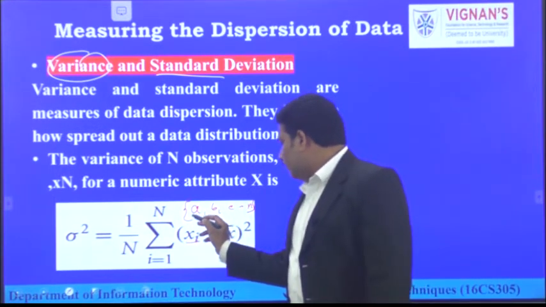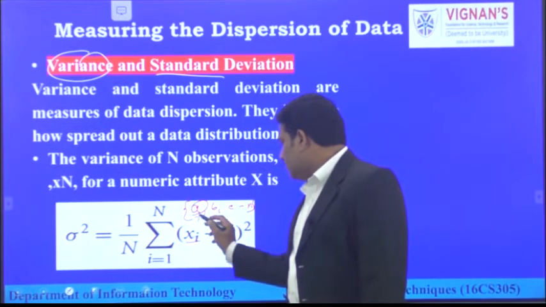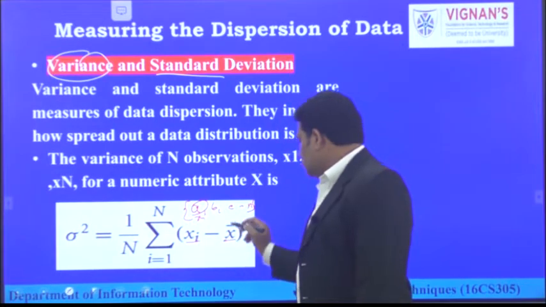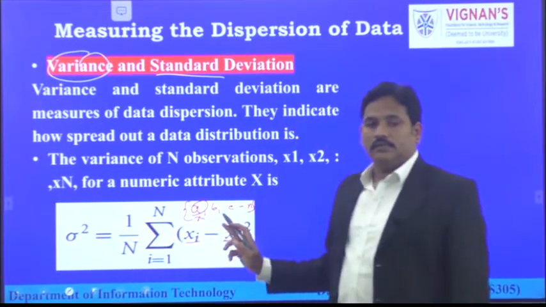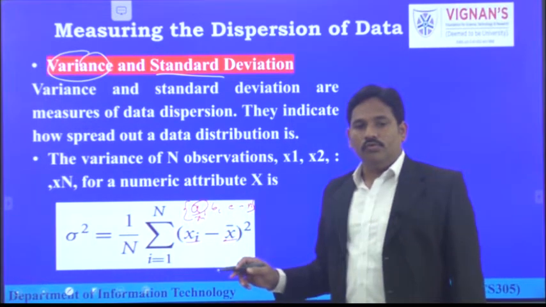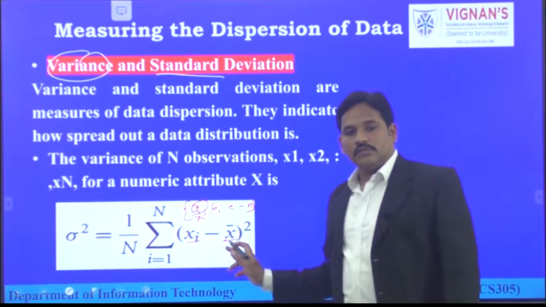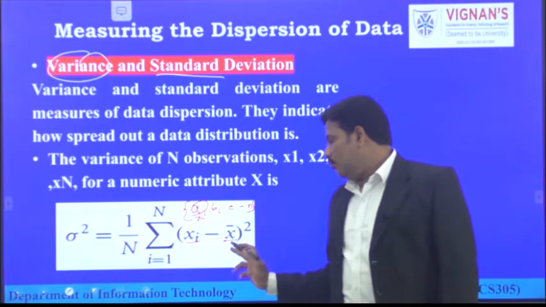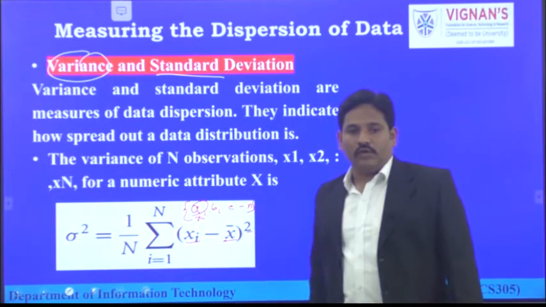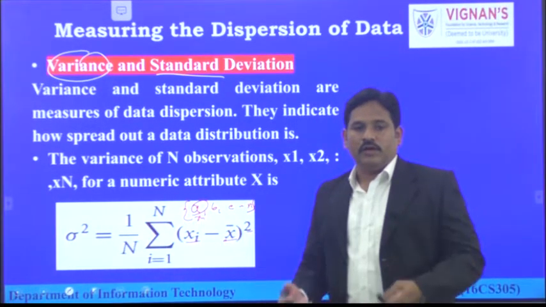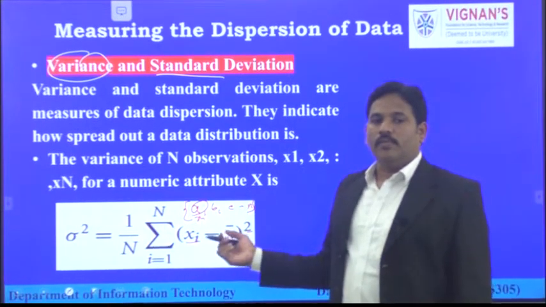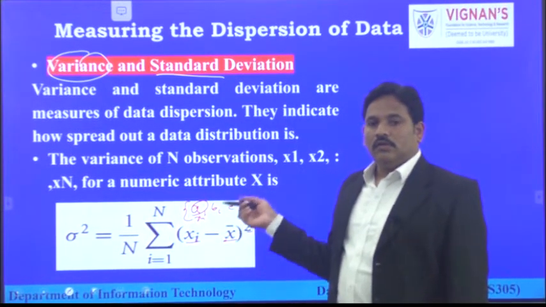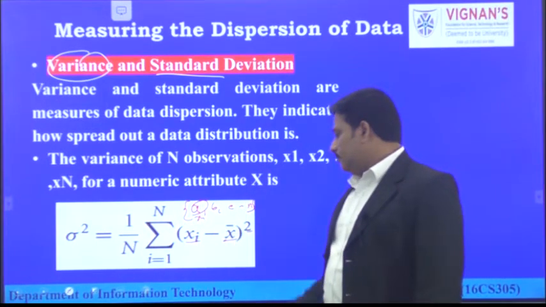The first value, let us assume this is xi, is subtracted with x bar, that is the mean value of the data set. Subtract every value with its average or mean value and apply the square of that. When we are applying the square, what will happen? The negativeness of the data is going to be eliminated. That means only absolute values will come here.